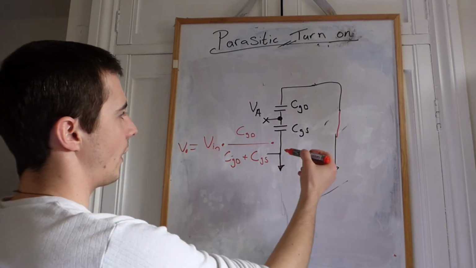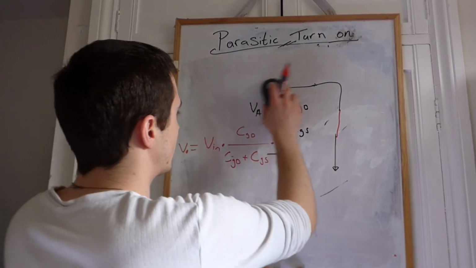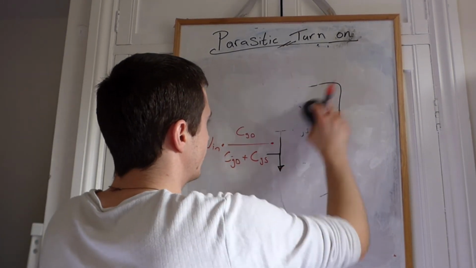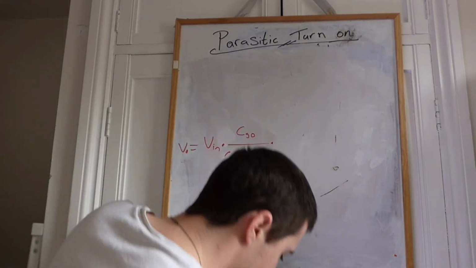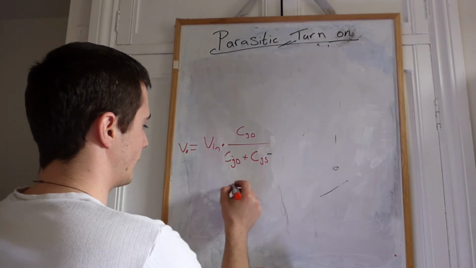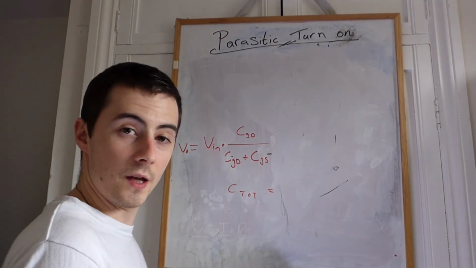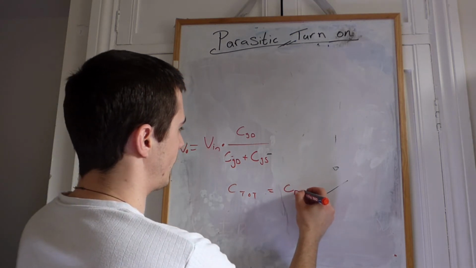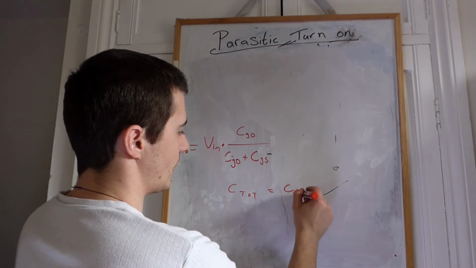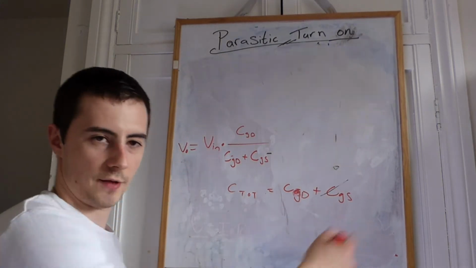And essentially what we've got here are two capacitors connected in parallel. So the total capacitance then is, as I'm sure you know, C total of capacitors in parallel is the same as resistors in series, so we've just got C gate drain plus C gate source. So you just add the two together.